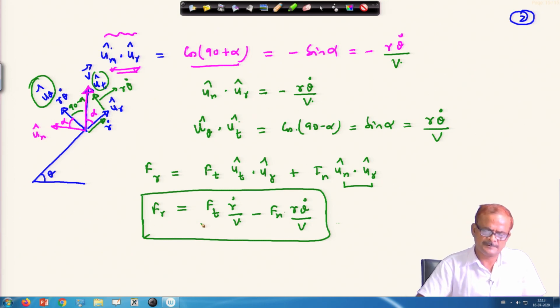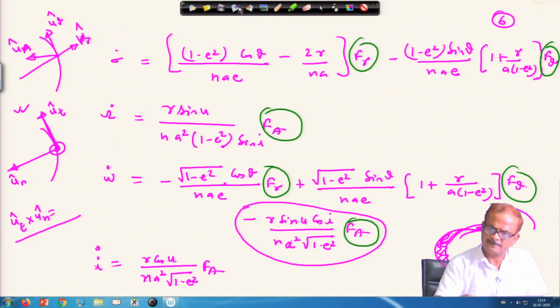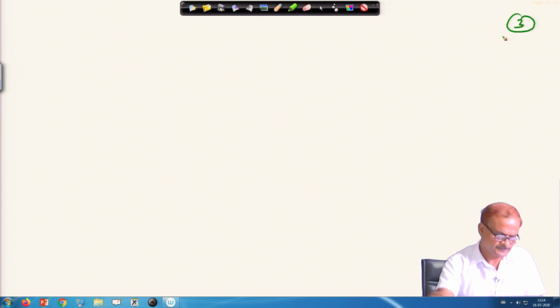We just need to replace in the equations we have derived the f r and f theta. So, f r we have got here, and in the same way we can get the other terms.